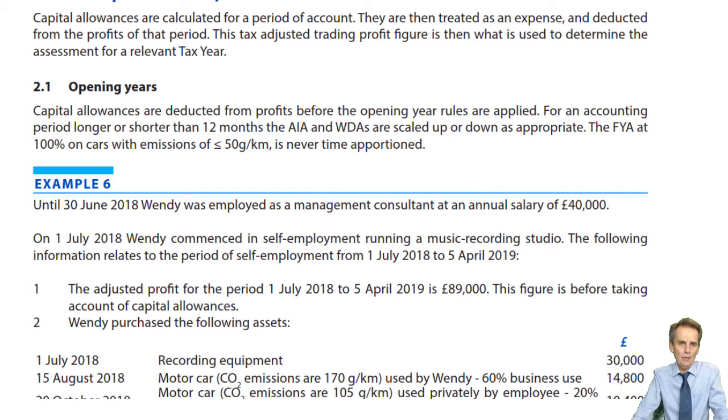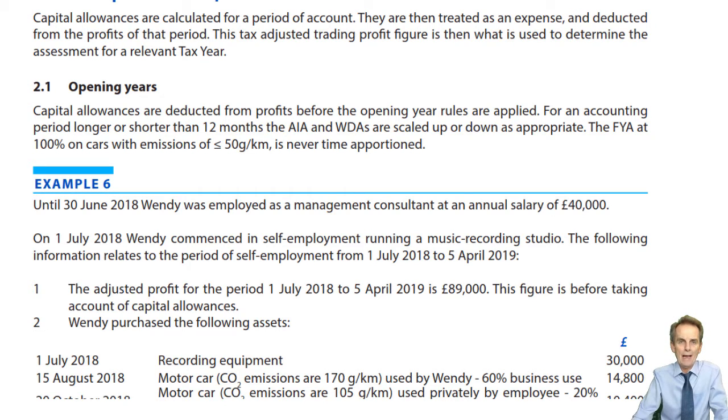Well, what we've learned so far in this chapter is how we determine the assessment for any given tax year. How do we relate the relevant period of profit to that tax year? Whether we're dealing with the very first tax year in which we commenced trading, or all the way through to the very final tax year in which we ceased trading, we know, at least I hope we do, the relevant basis of assessment, whether it's the special rules that apply in opening years, thereafter the CYB, our current year basis rules, or the bases of assessment that apply in closing years.